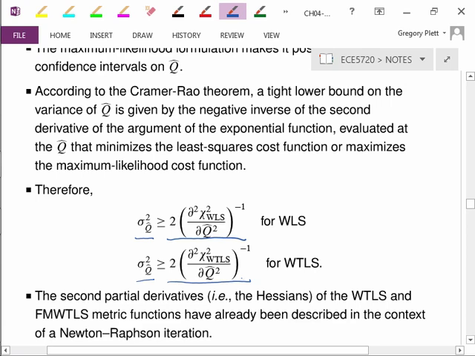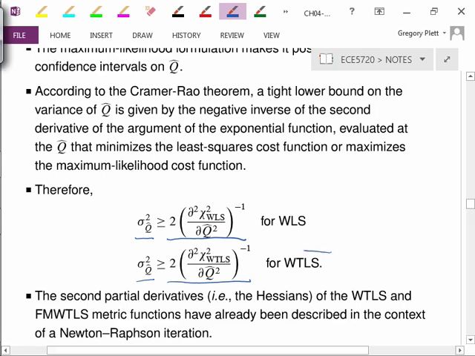It's not something that comes up all that often in the kinds of courses that I teach, but here in just the matter of a few pages, we've seen it twice. One of them was for a Newton-Raphson iteration for optimizing the weighted total least squares cost function, and here for evaluating the Cramer-Rao theorem to give us confidence intervals on our capacity.